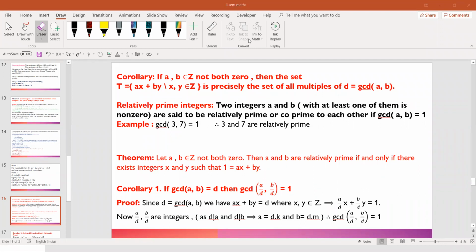Niyukt said 5 and 11. That is correct. GCD of 5 and 11 is also 1. Ramashi, 2 and 5, correct. Swati, 5 and 11. Kirtan, 2 and 7. Ramashi answered again, 13 and 7. Then Swati, 2 and 3. Asna, 2 and 3. They are correct answers.